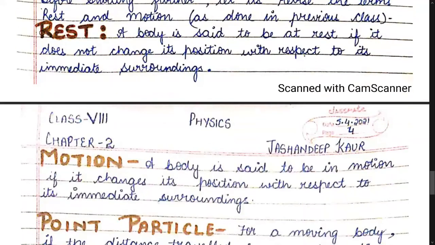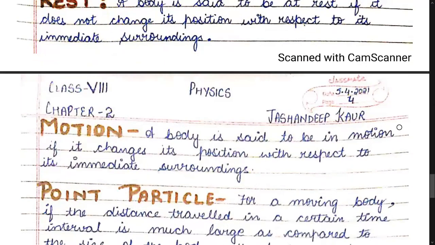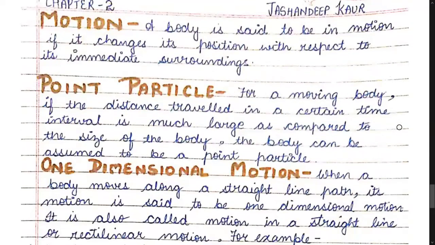The first term is rest. A body is said to be at rest if it does not change its position with respect to, meaning as compared to, its immediate surroundings.